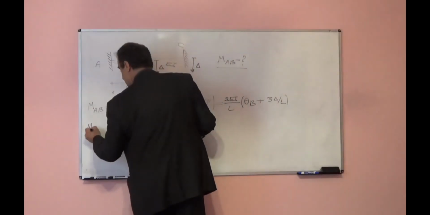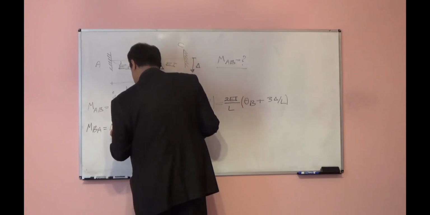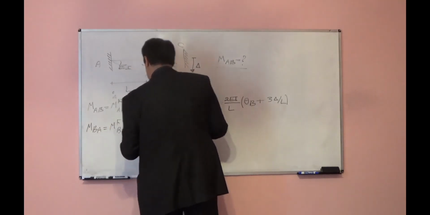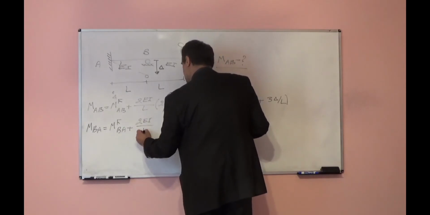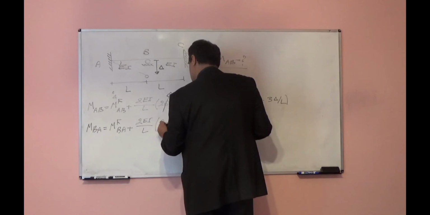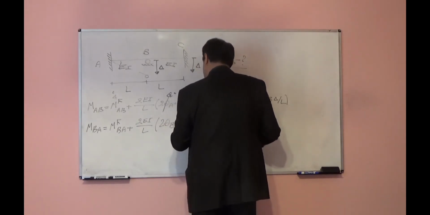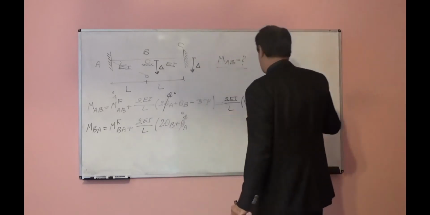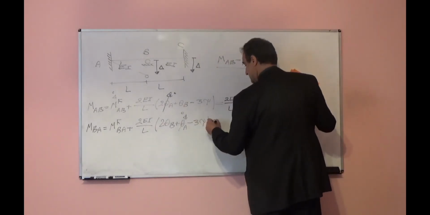How about MBA? MBA will be M fix BA, again 0, plus 2EI over L times (2 theta B plus theta A, which is 0, minus 3 psi).